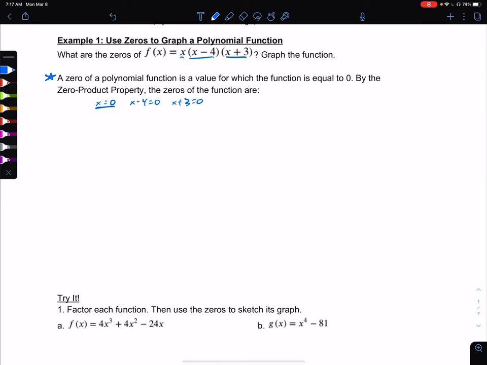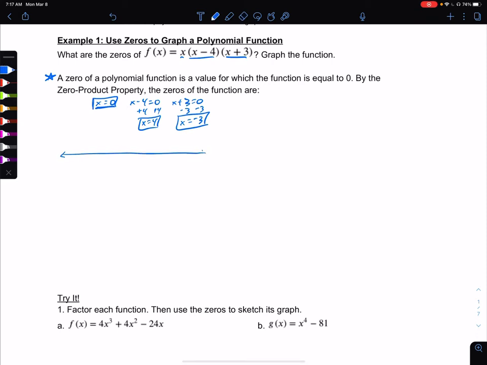This one's already set up for us, so x is equal to 0. Here we could just add 4, so 4 would be a zero, and here we're going to subtract 3. So our three zeros are 0, 4, and negative 3.